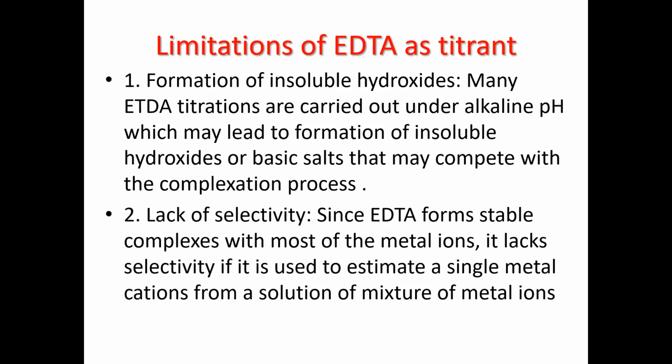Remember, we talked about buffers when we were doing acid-base titration, that a buffer is a solution that will resist a change in pH. So we use buffer solutions whenever we are titrating with EDTA, because there could be formation of insoluble hydroxides. And when these hydroxides are formed, they could compete with the complexation process. So the pH must be under strict control.